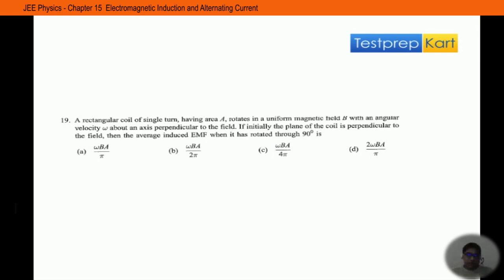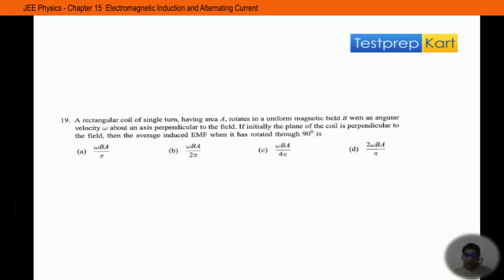Now next question is, a rectangular coil of single turn having area A rotates in uniform magnetic field B with an angular velocity omega about its axis perpendicular to the field. If initially the plane of the coil is perpendicular to the field, then what is the average EMF induced when it rotates through 90 degrees?